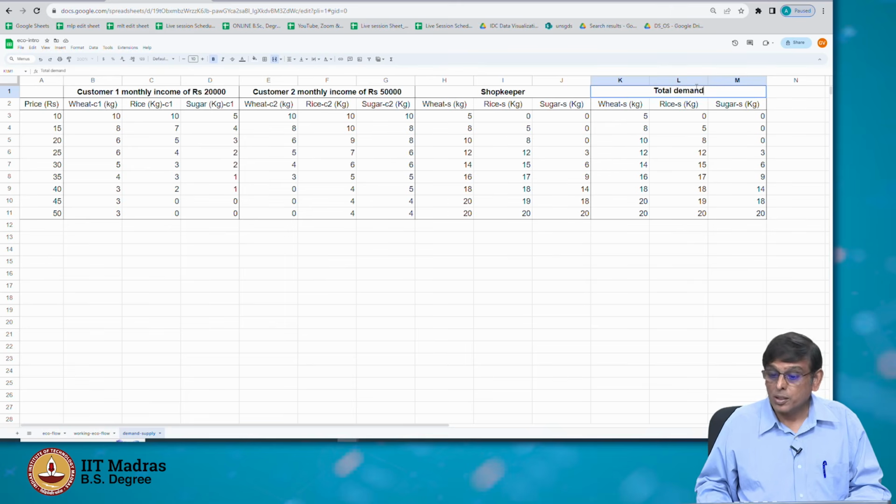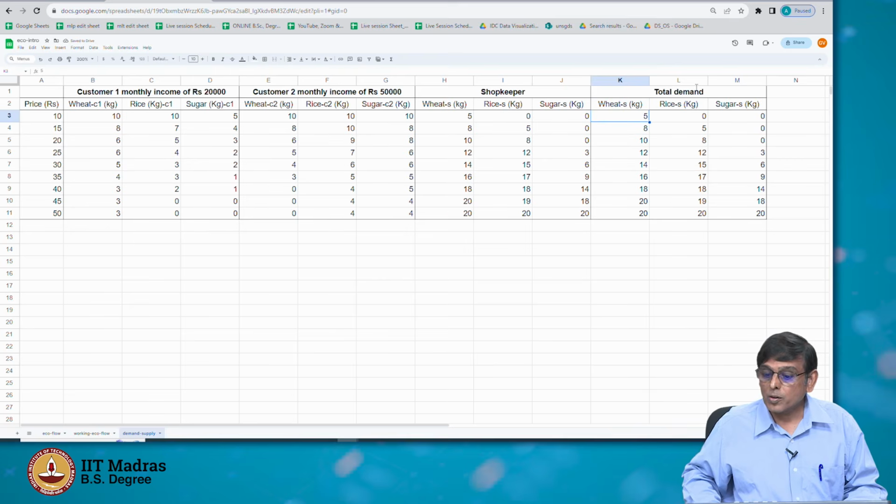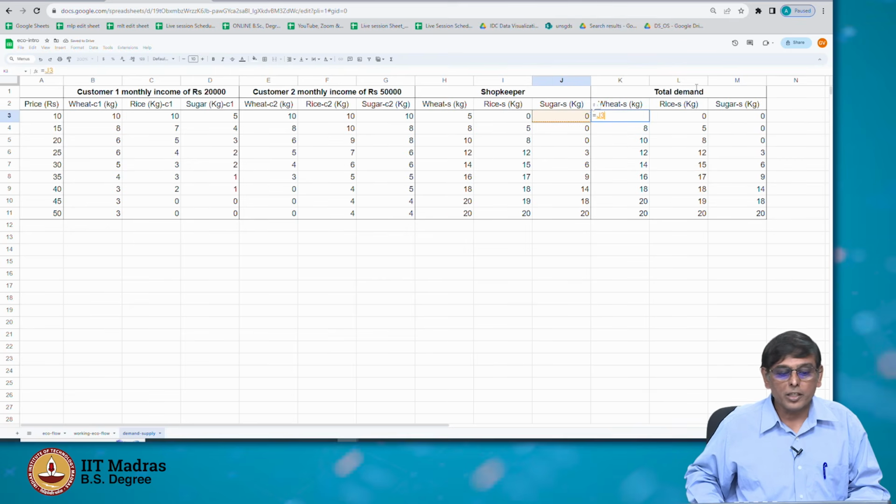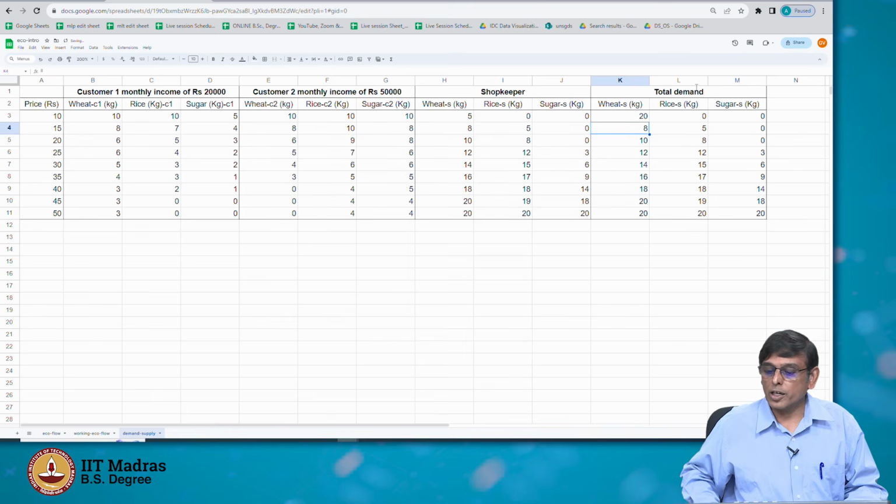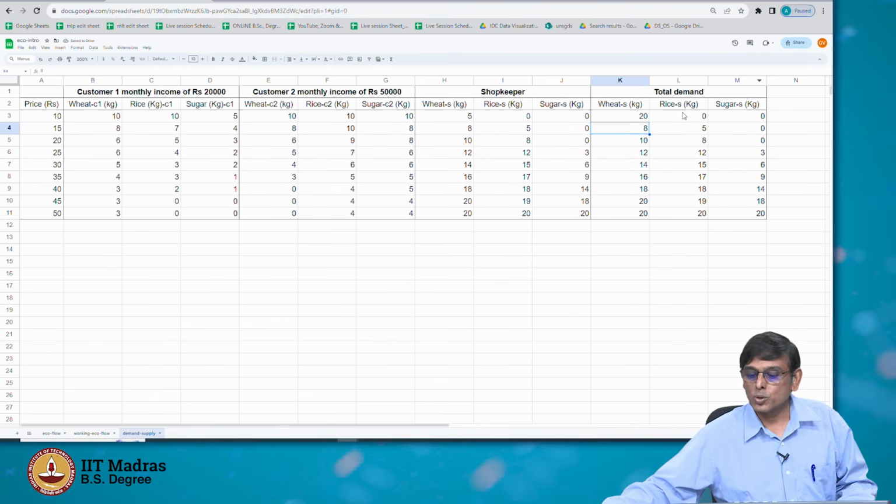Total demand. All right. Now the total demand for wheat at this price point is obtained by taking the wheat of customer 1 and adding to it the wheat of customer 2. So the demand of customer 1 and 2 together gives you the demand for wheat, and clearly I can add like this. It should give me the total demand.